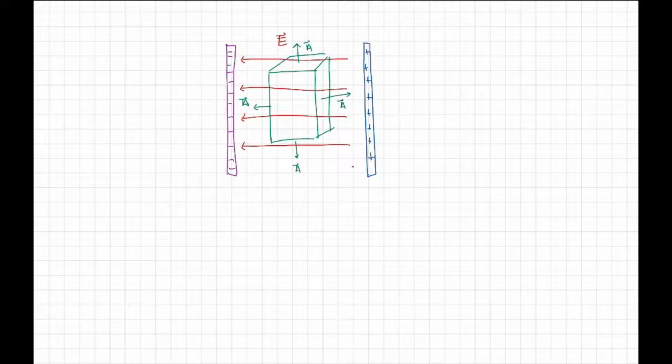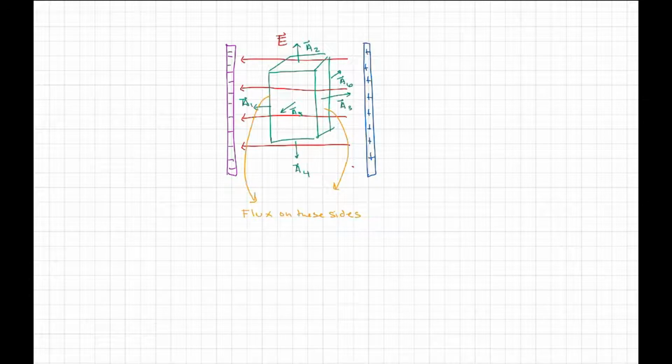If I think about these two sides, kind of like the leading side and the wake side, the field is coming into this side and it's coming out of that side. Actually, let me be more clear. I can number these. Let's call this 1, 2, 3, and 4. And then there's 6 sides, so we'll call that one 5, and to be complete, 6.